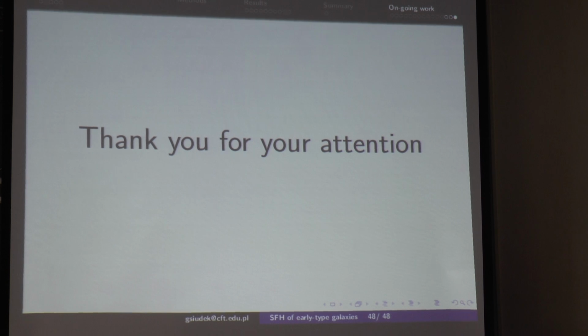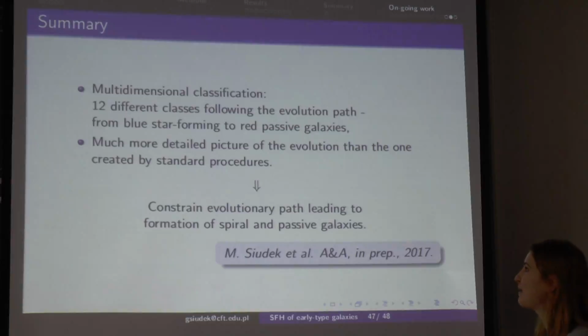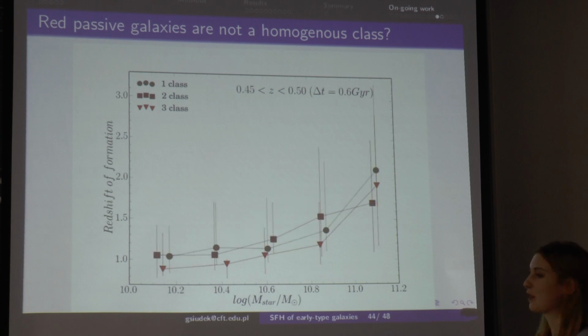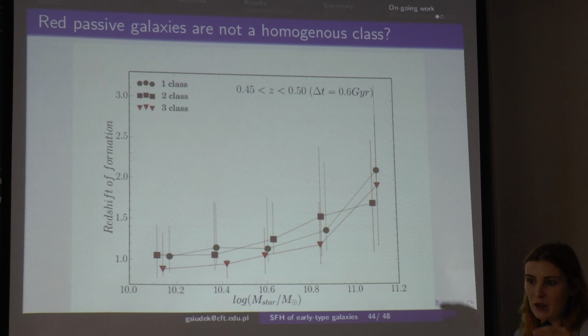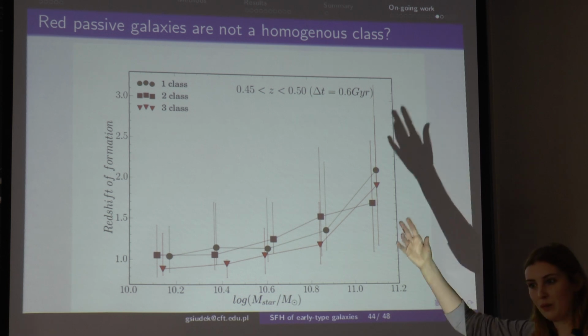But there is a continuous spectrum, right? You can connect the elliptical galaxies with the spiral galaxies. Yes, we believe in that, and that's why I try to, because it's under debate how to find out this path going from spiral to elliptical.